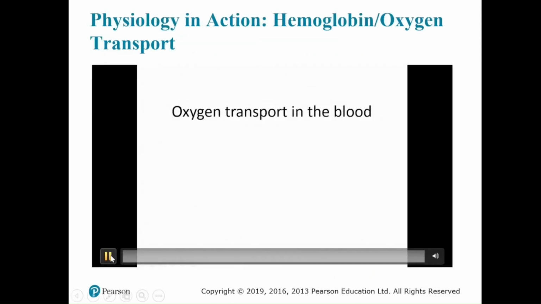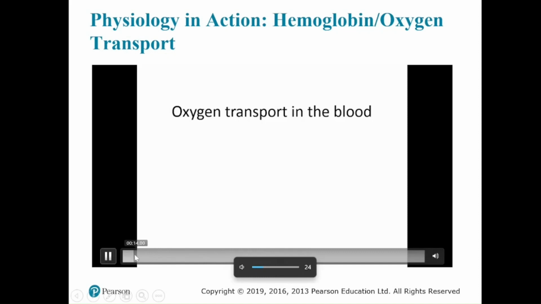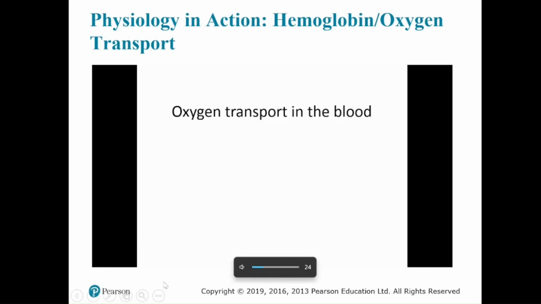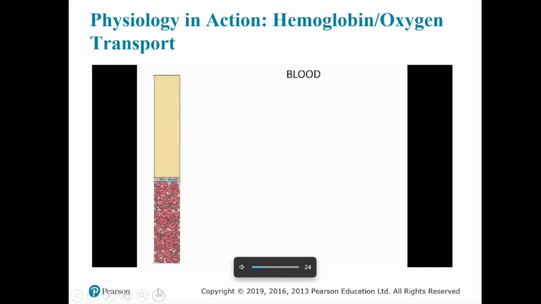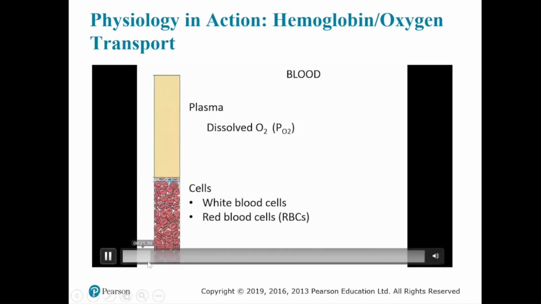In this video, we are going to look at the role that hemoglobin plays in determining how much oxygen can be transported in the blood. Without hemoglobin present, cells cannot get enough oxygen to stay alive. Blood has two main components, the liquid portion known as plasma and the red and white blood cells. Plasma contains dissolved oxygen, indicated by the PO2 of the plasma. Red blood cells carry oxygen on the iron-containing pigment called hemoglobin.